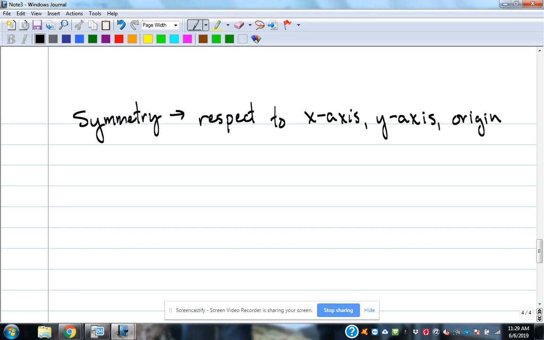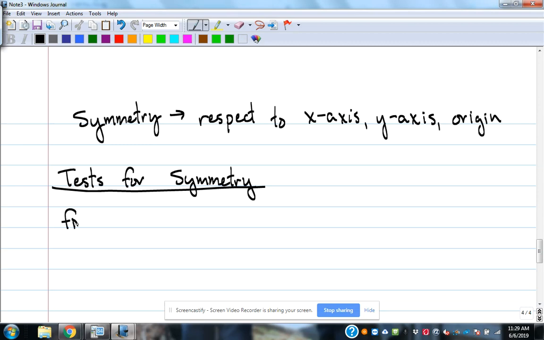And what we're going to do is test for symmetry with equations. Test for symmetry. Find f of negative x. That's our first step.